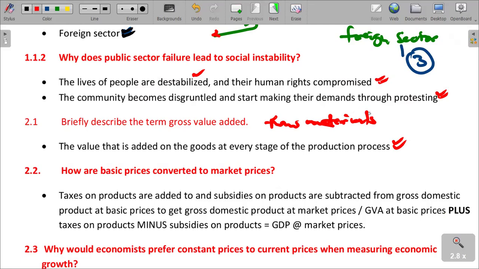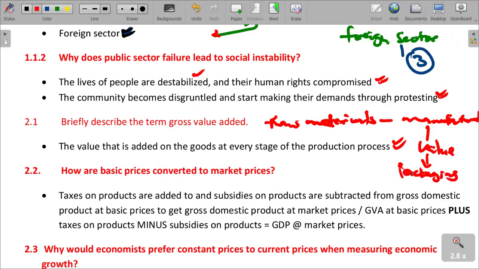Raw materials are manufactured, and when they are manufactured, they are value added. Manufacturing results in value addition, and we can also talk about packaging.